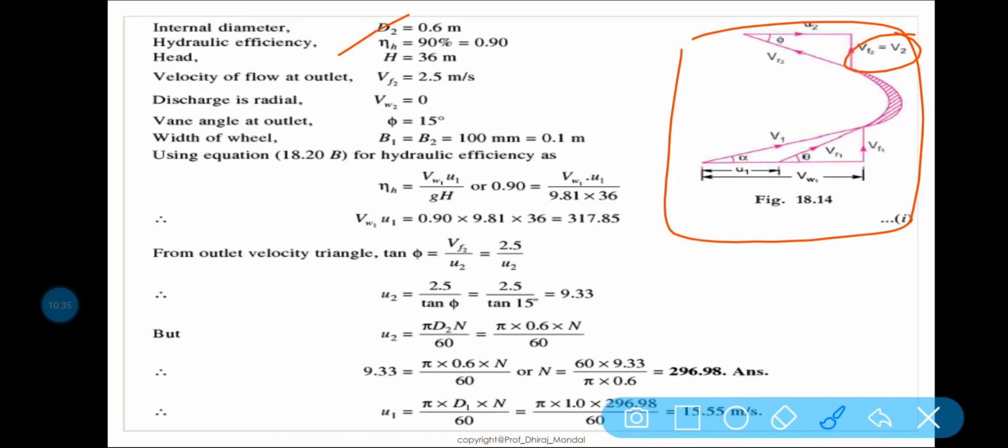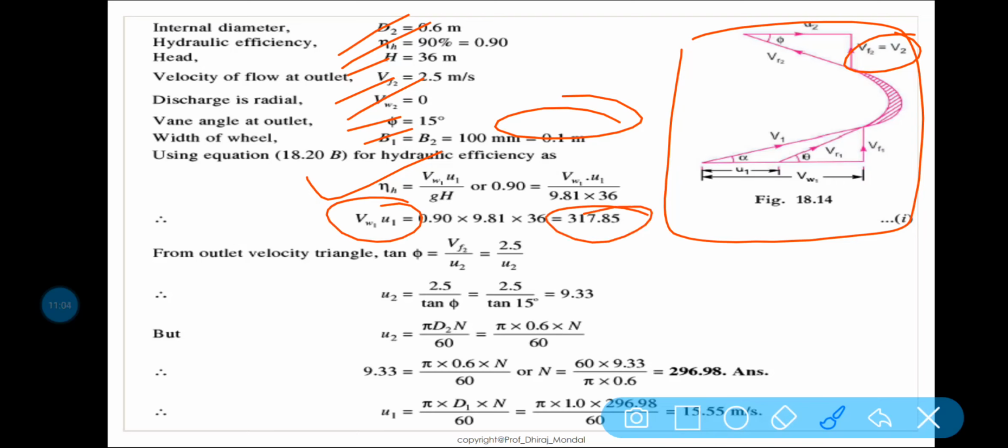You know d2 is given, hydraulic efficiency given, head given, VF2 given, VW2 you know will automatically be 0 because beta is 90 degree, phi is 15 degree also given, b1 is equal to b2. Okay, so the hydraulic efficiency we know is VW1 U1 by gH. So ultimately from this equation you can find out VW1 U1.